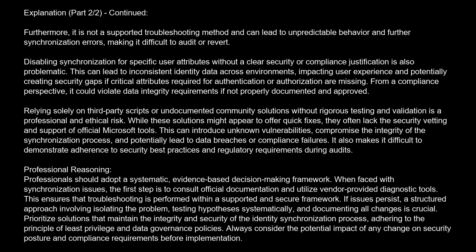If issues persist, a structured approach involving isolating the problem, testing hypotheses systematically, and documenting all changes is crucial. Prioritize solutions that maintain the integrity and security of the identity synchronization process, adhering to the principle of least privilege and data governance policies. Always consider the potential impact of any change on security posture and compliance requirements before implementation.